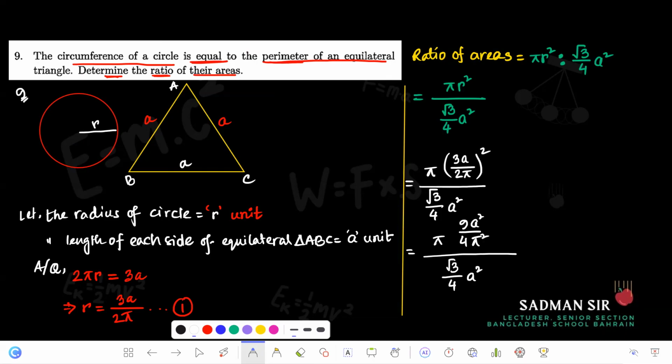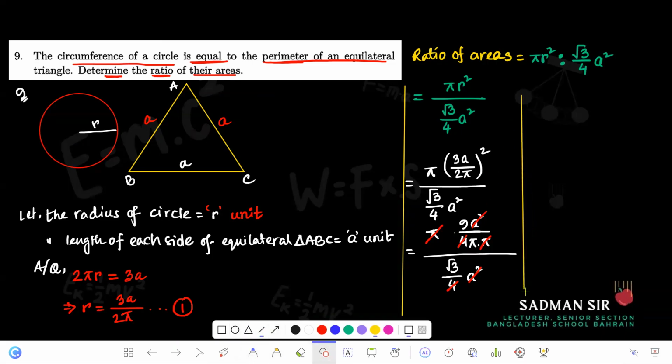Now, this pi square, can I write it as pi into pi? Why shall I write it in this way? So that it becomes easier for us to understand the cancellation. See, pi will cancel 1 pi from here, and then 4 will cancel 4, and a square will cancel a square. Correct?